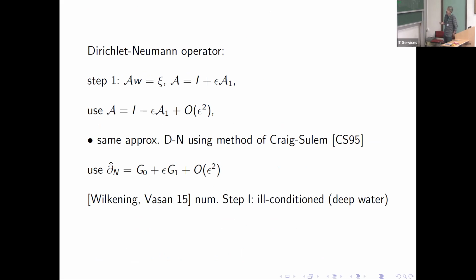So interestingly enough, however, we obtain the same expression using a different approach, by Craig and Sulem. They computed this Neumann operator by assuming that it is expanded in other linear operators that are homogeneous in the wave amplitude.